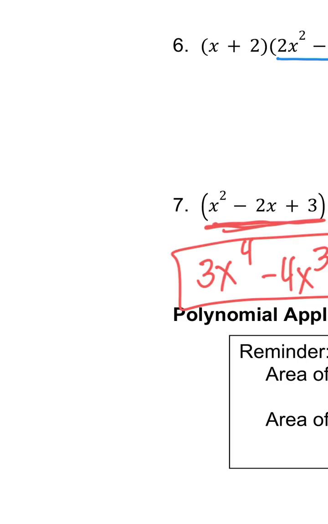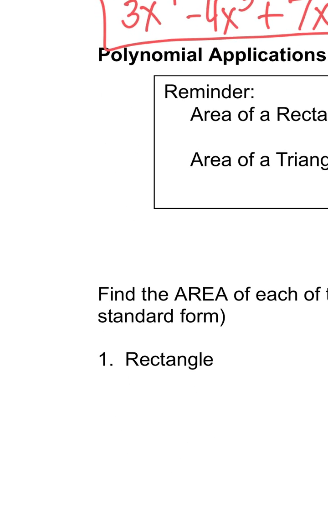Okay, we're doing this next part, polynomial application. So how do you apply this to other things? How about with finding the area of a rectangle or triangle? The area of a rectangle is going to be base times height.